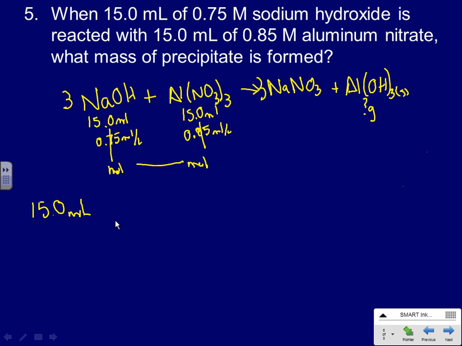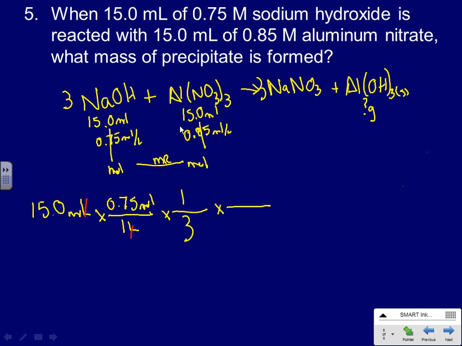milliliters of sodium hydroxide. I'm going to use its conversion factor, 1 liter on the bottom, 0.75 moles on the top. The liters cancel away the liters. I now have millimoles, but that's okay. I'm not really that concerned. Just keep going. Mole ratio, 3 to 1.